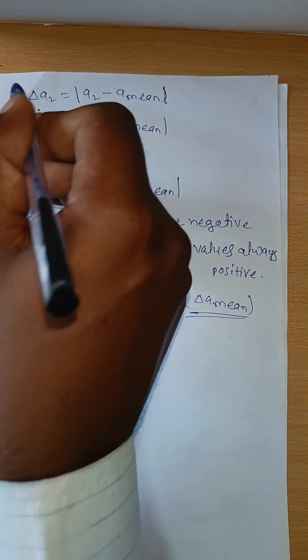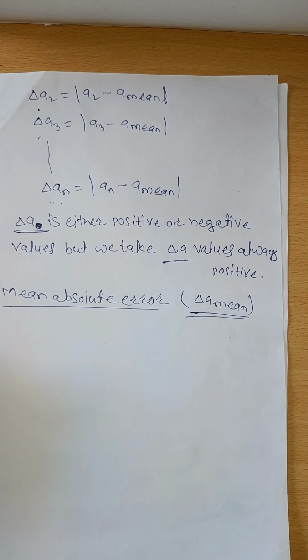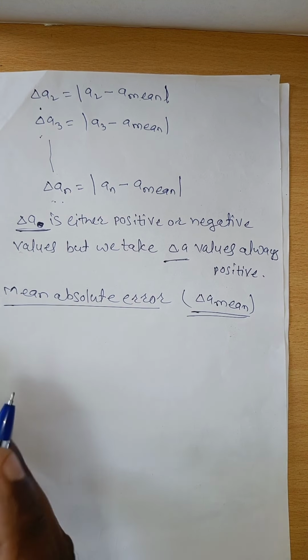Whatever delta A1, delta A2, delta A3 up to delta AN, we have to take the mean of all those absolute errors.